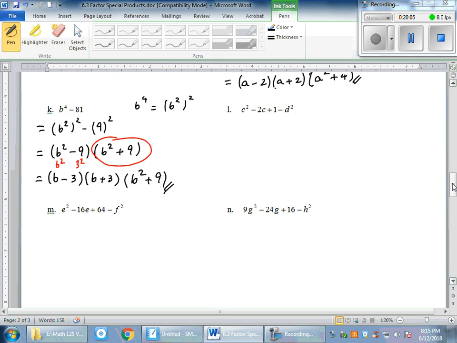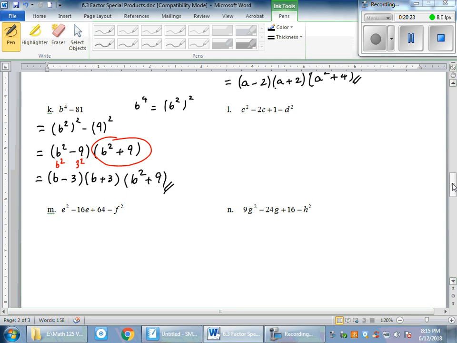So how do I know when to group 3 terms and 1 term? You have to be able to recognize the 3 terms are a perfect square trinomial, and then the 1 term is a square by itself.